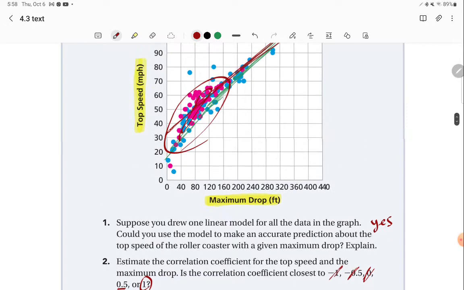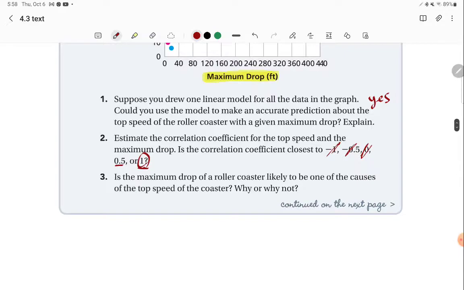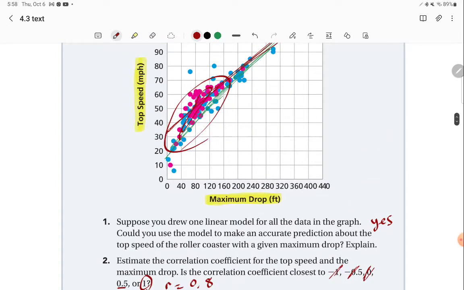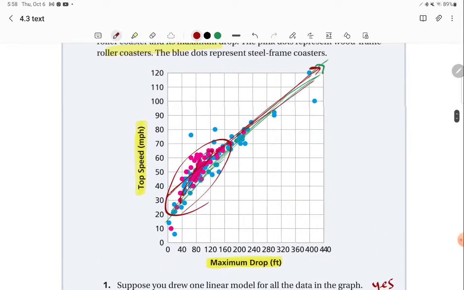If you actually figure this out mathematically, the correlation coefficient is 0.8, which is closer to 1 than it is to 0.5. Now, we are not figuring this out mathematically. We're looking at the data and trying to estimate what that correlation coefficient is, and it's closer to 1 than 0.5.